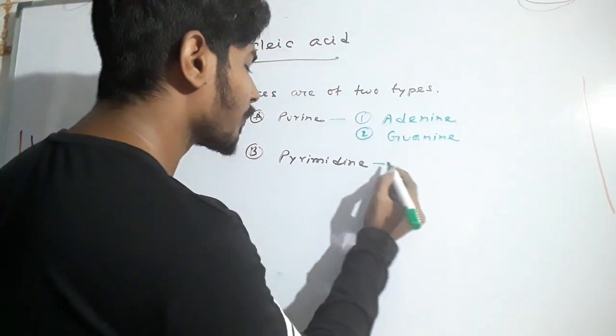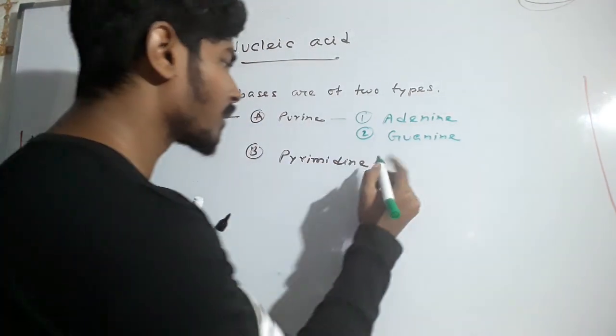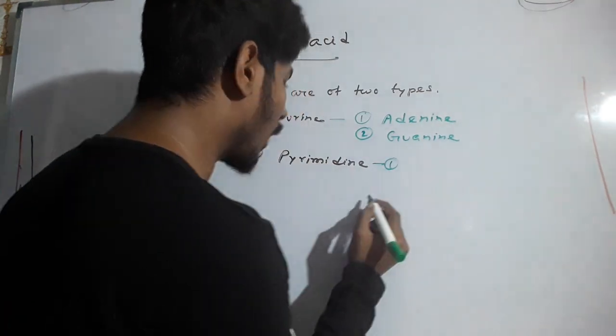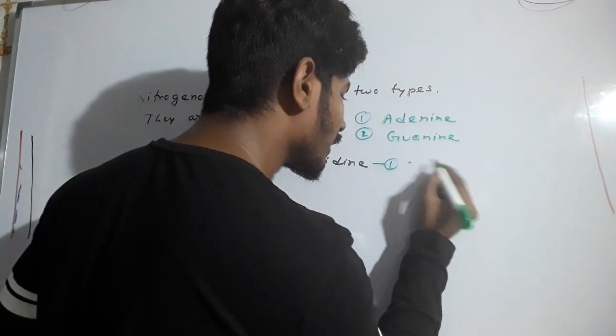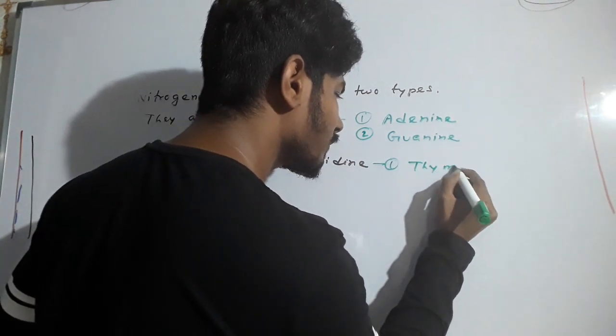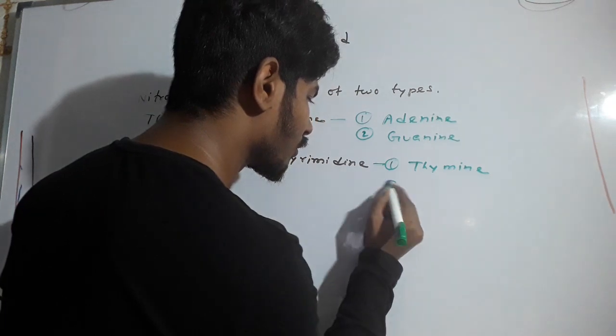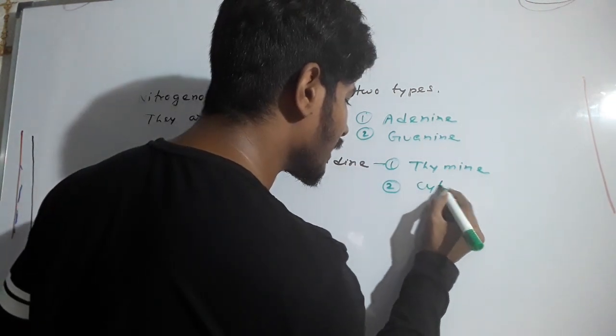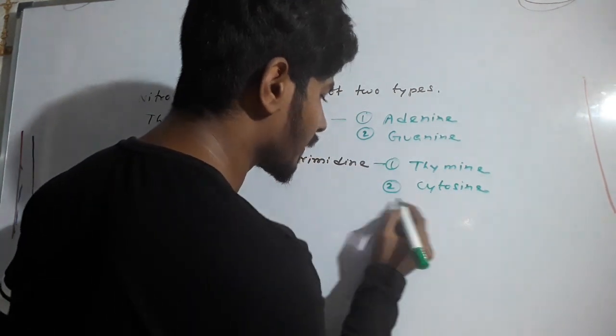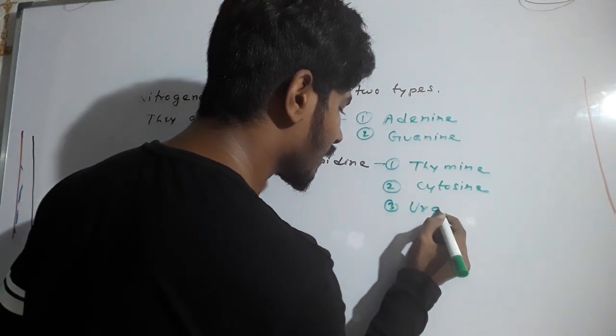Pyrimidines are 3 in number. One is thymine, number 2 is cytosine, number 3 is uracil.